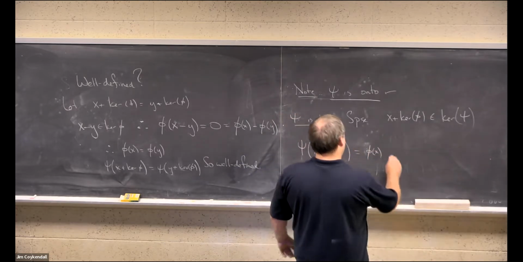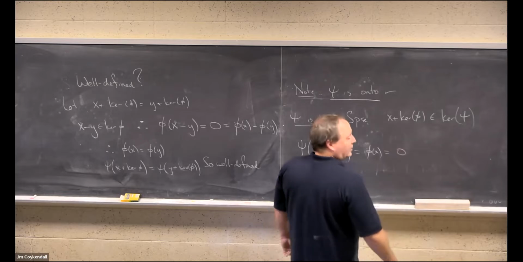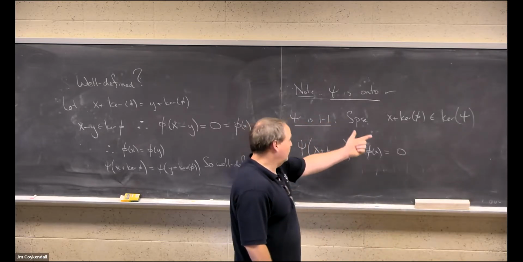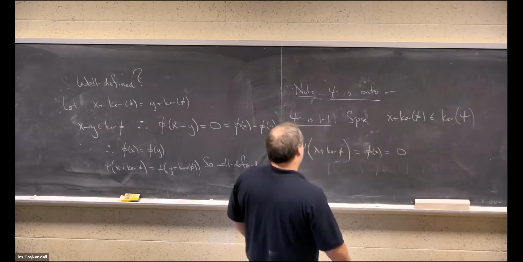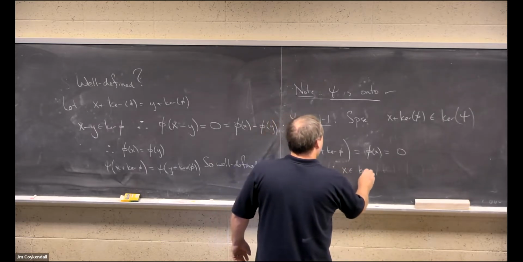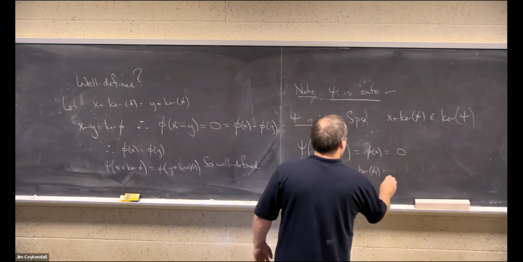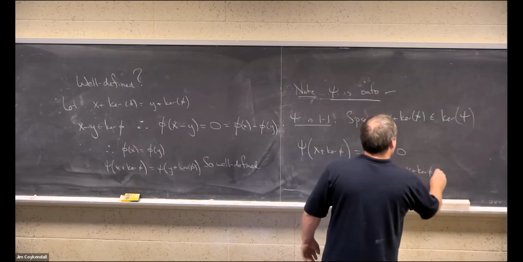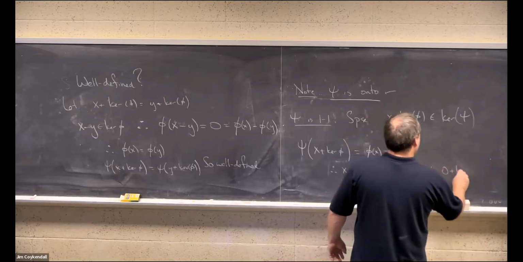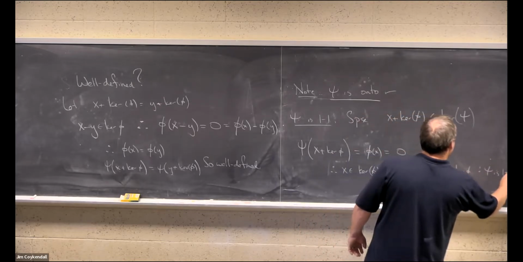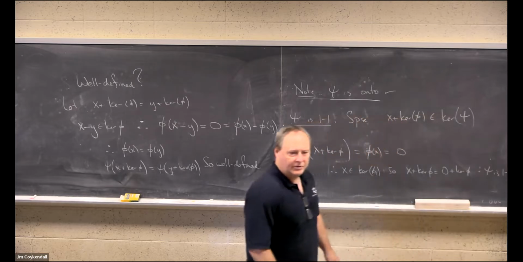But this should also be 0, right? Because x plus the kernel of φ is in the kernel of ψ. Therefore, x is in the kernel of φ. So x plus the kernel of φ equals the zero element in this quotient.